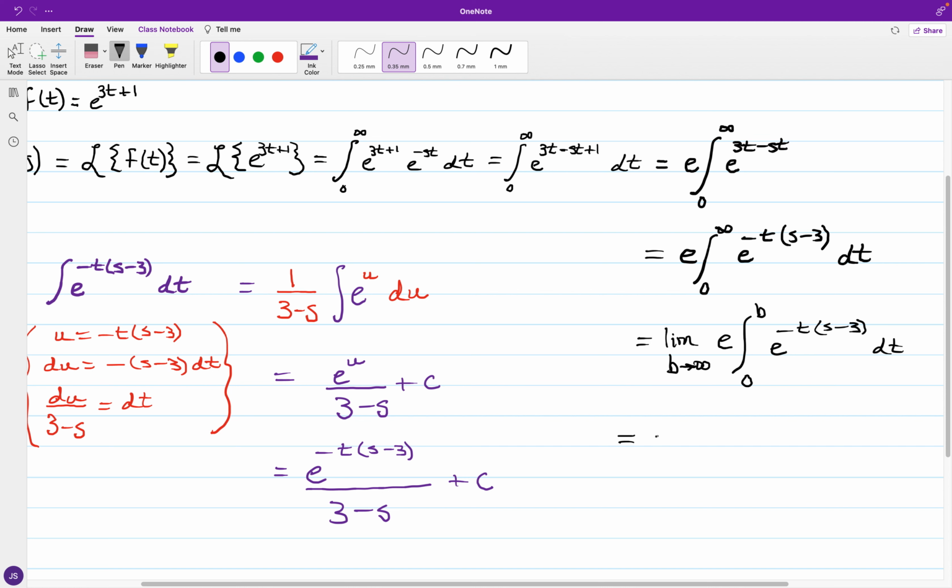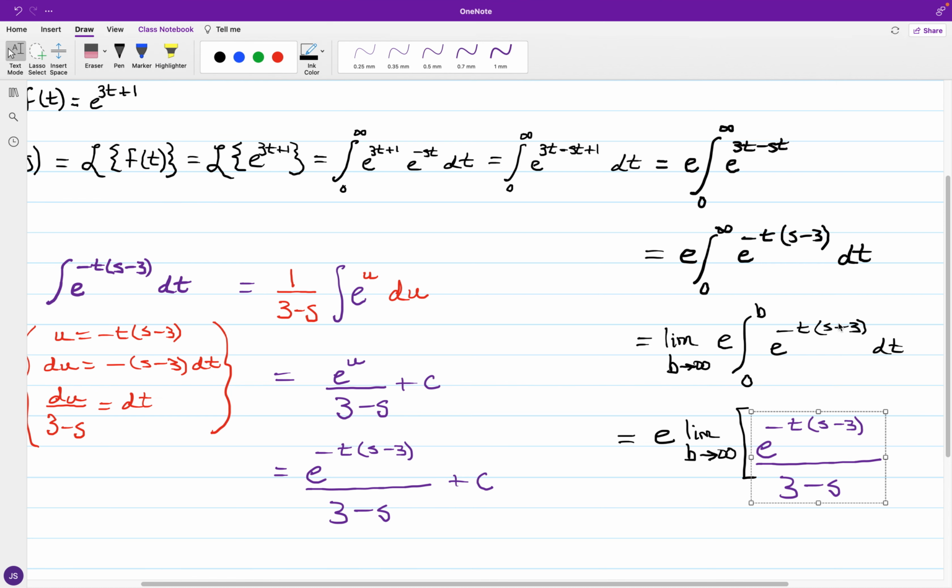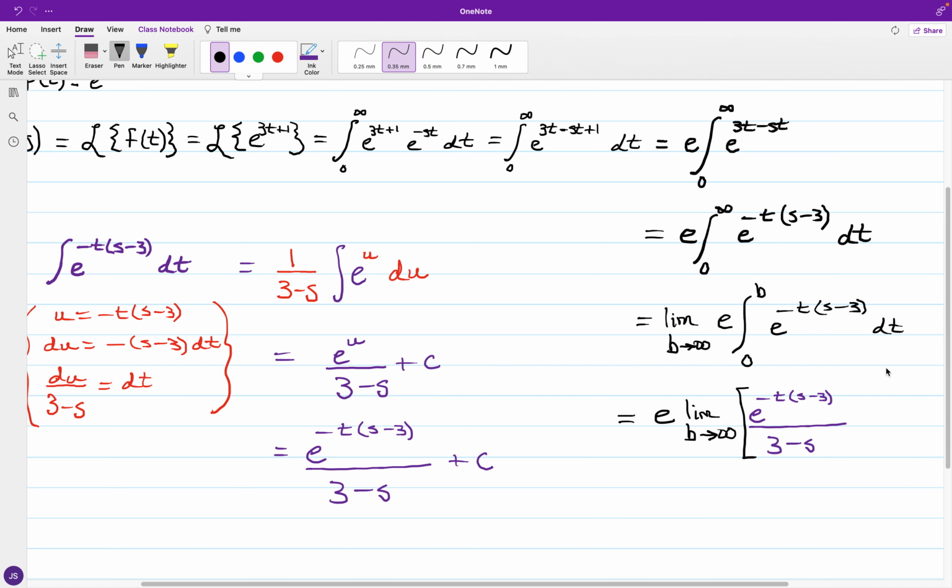I'll go ahead and move the coefficient e out to the front. So we have e times the limit as b goes to infinity, and for the antiderivative, as t goes from 0 to b, with b approaching infinity.